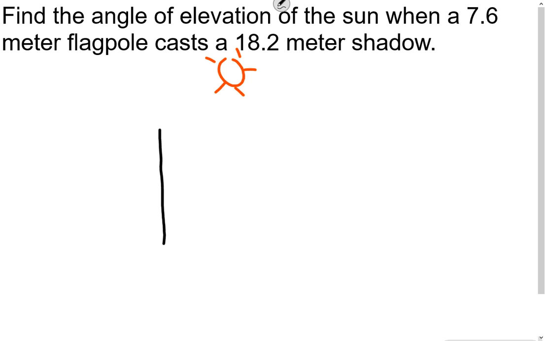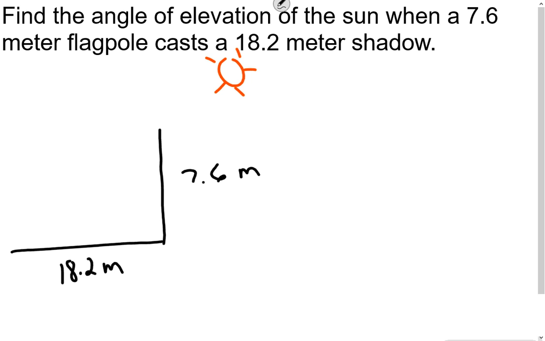So here's my flagpole, and we know that flagpole is 7.6 meters. Now it makes a shadow. There's my shadow. Very artistic, I know. And our shadow, it tells us in the problem, is 18.2 meters.